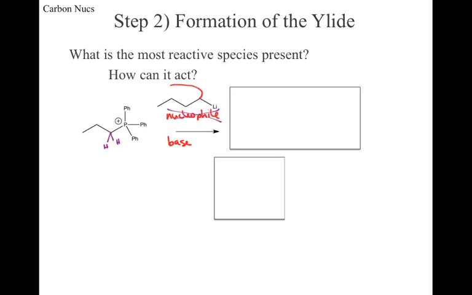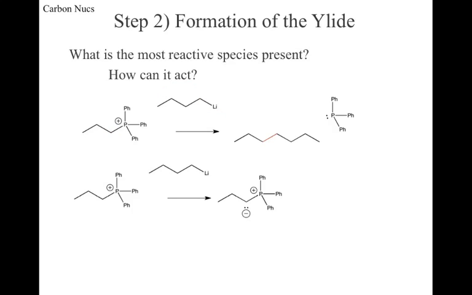So the negative carbon comes in and pulls at one of those hydrogens and takes those electrons onto our carbon. Okay? The result of that acid-base reaction, we draw this out, we've got our nucleophile option and we've got our acid-base option.